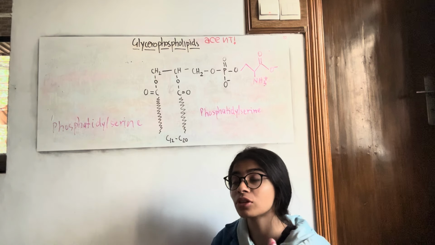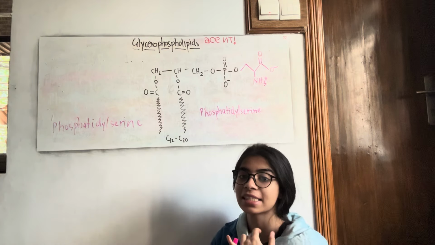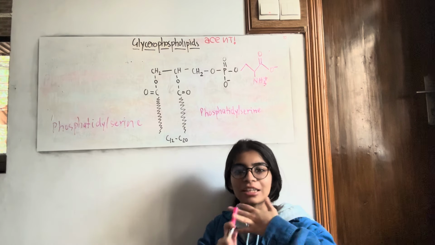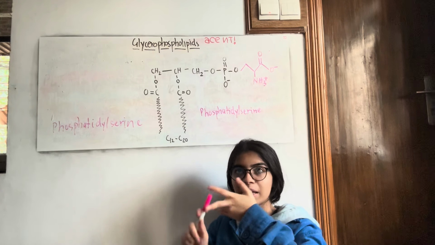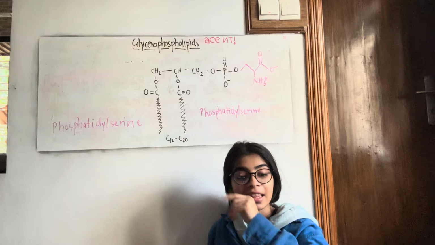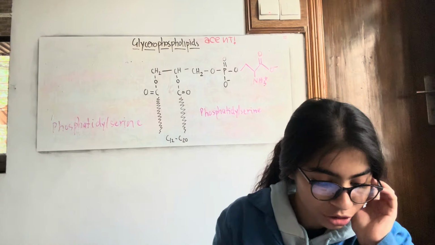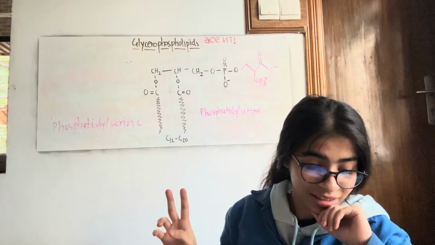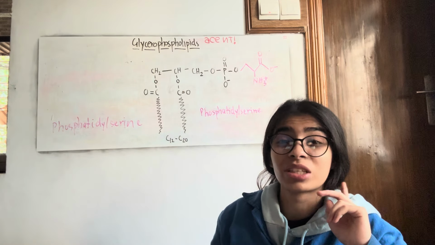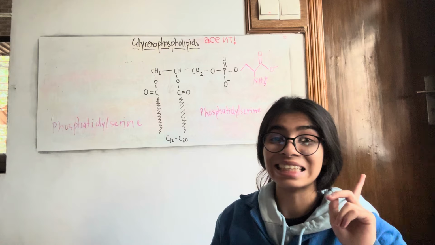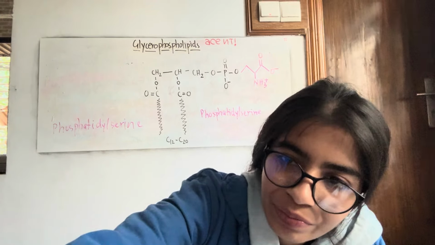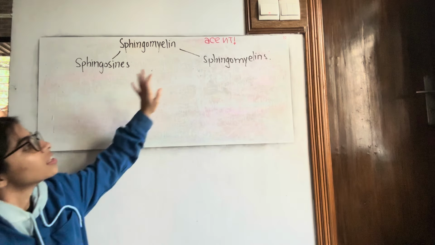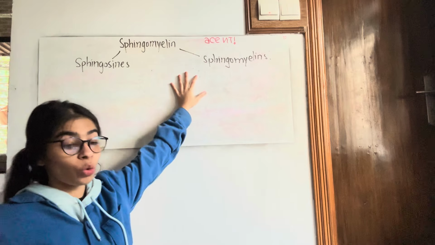Sphingolipids are of 2 types: first is sphingomyelin, and then sphingosine.